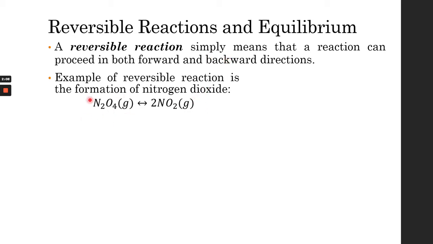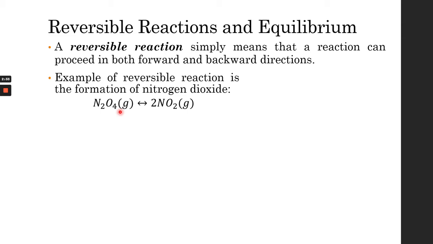Forward reaction means going from your reactants to your products. That is the forward direction. Backward direction is the reverse of your forward reaction, so from your products going back into your reactants. You may not have been aware, but that is actually possible.